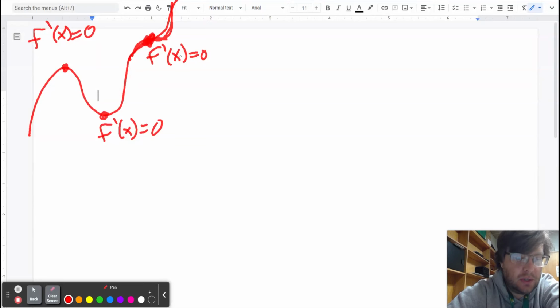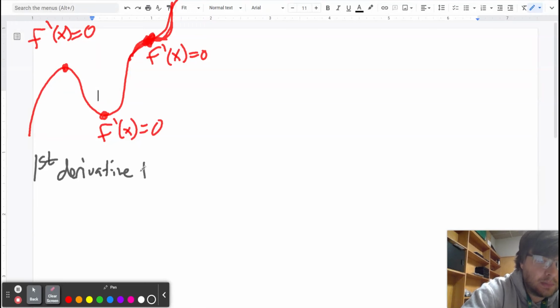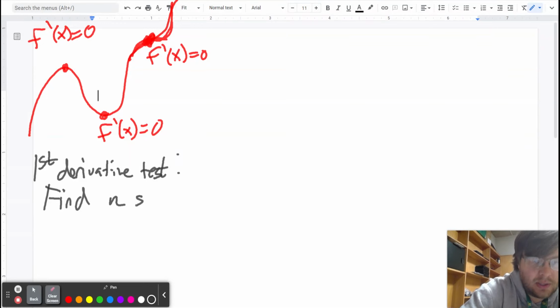And the first derivative test lets you just use the first derivative to classify. So the first derivative test basically says, look at this. You find, let's just say an n such that f prime of n equals 0.